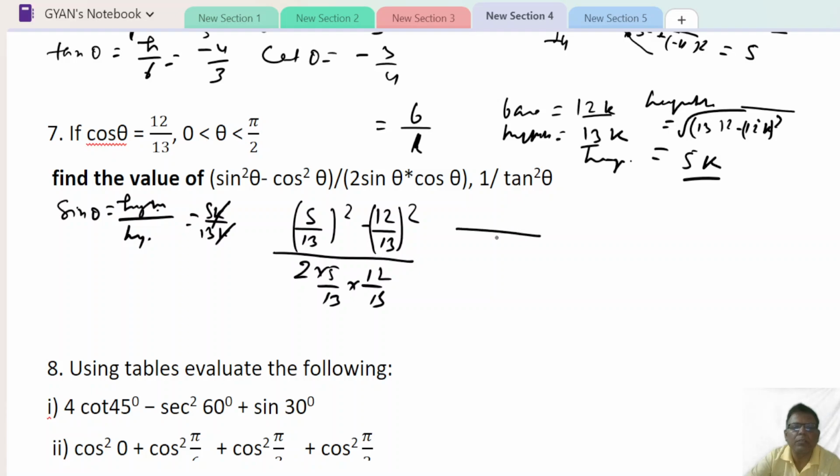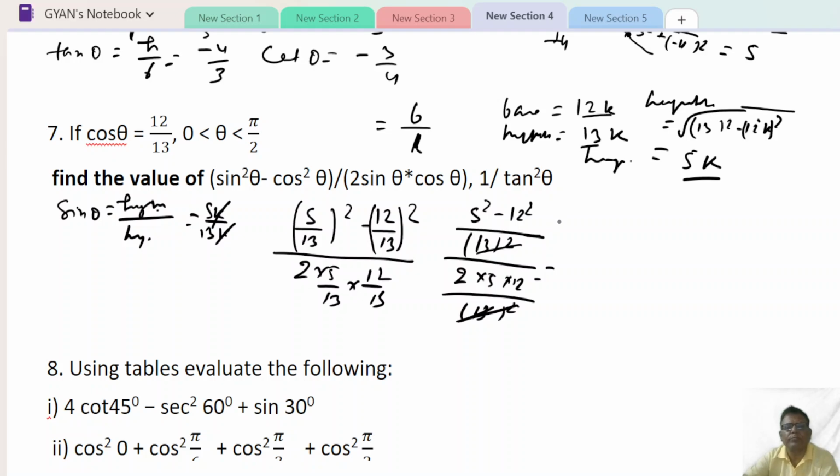So here we take 13 square common, then 5 square minus 12 square divided by 2 into 5 into 12 by 13 square. So 13 square got cancelled.